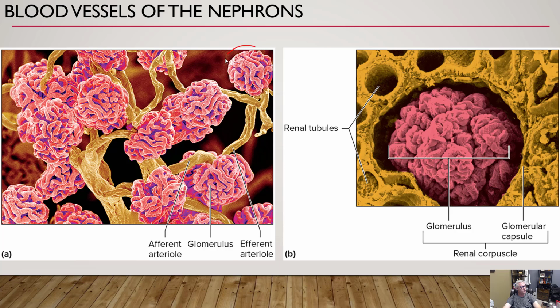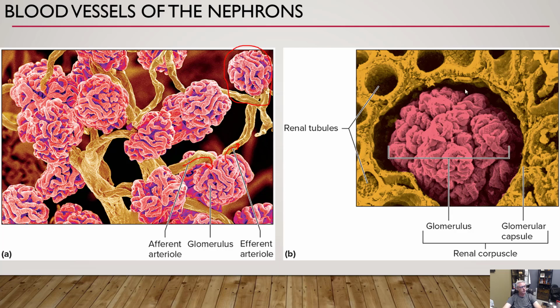Those are the glomeruli, or the glomerulus, and you can see how the first capillary bed is very involved. It almost looks like a brain. And then we have the afferent and efferent arterioles that come into that first capillary bed, and the efferent arterioles leave that capillary bed.